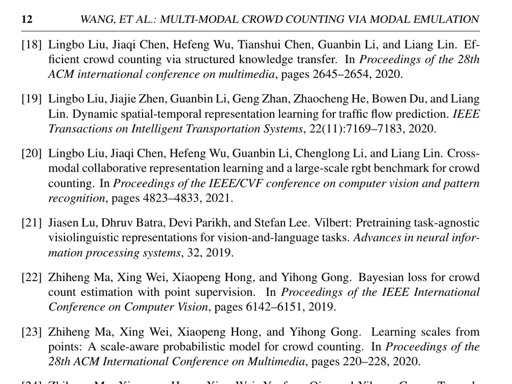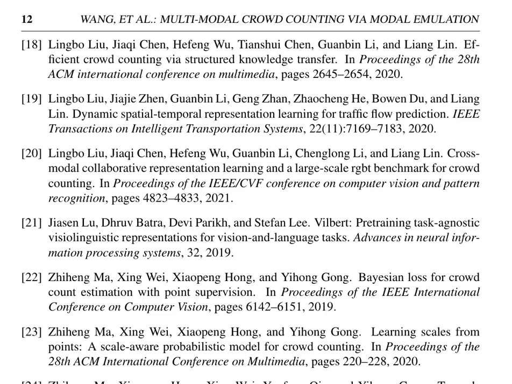Multimodal crowd counting via modal emulation is a cutting-edge approach that leverages cross-modal fusion to enhance accuracy in crowd counting tasks. This method overcomes the limitations inherent in single-modal data by utilizing both RGB and thermal images. The authors emphasize the importance of structured knowledge transfer and dynamic spatial temporal representation learning for improving predictive models.